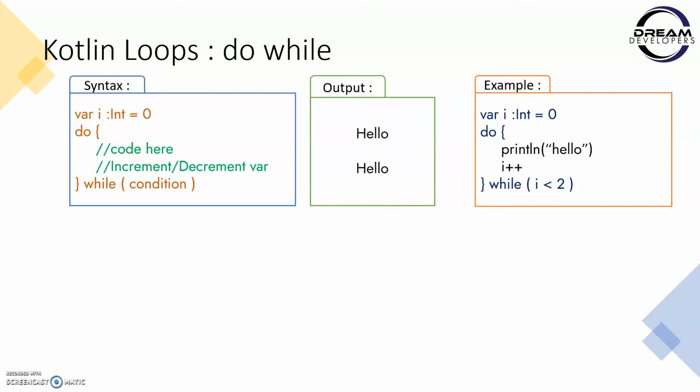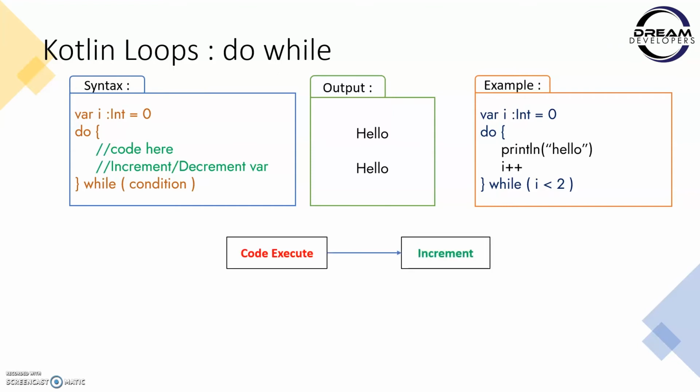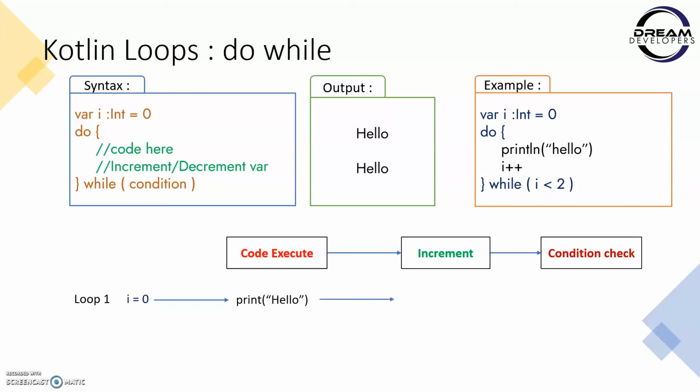Now let's understand the working of the do while loop. The do while loop first executes the code, after that increments the variable, and at the end checks the condition. So in the first loop, i is set to 0. First the code executes, and after that i is incremented by 1, and at last it checks the condition that 1 is less than 2.